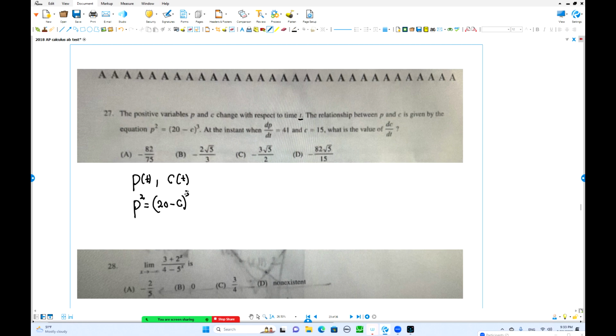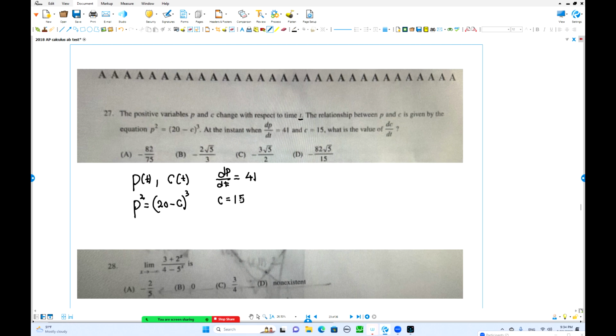At the instant when dP/dt, the instant rate, is 41, and C is found, the situation is at this moment when C is 15.